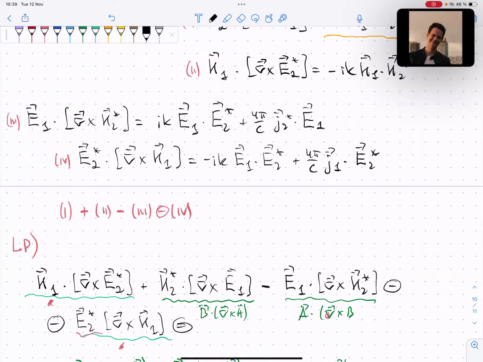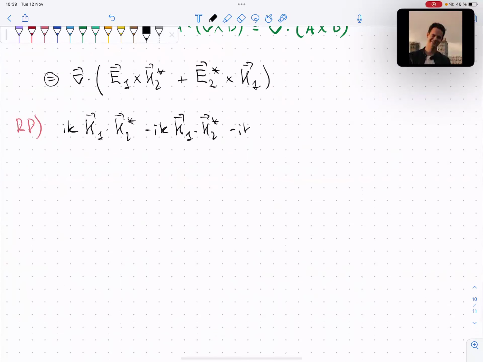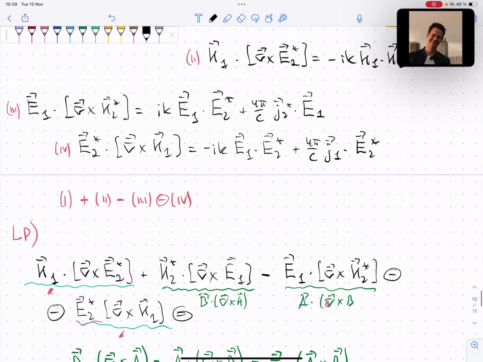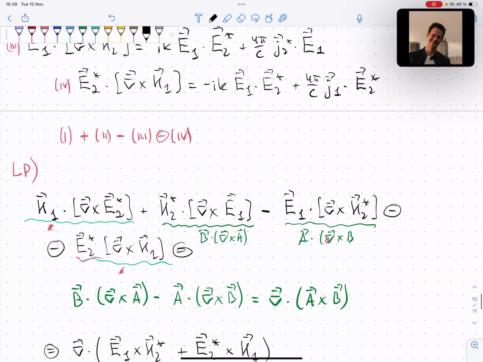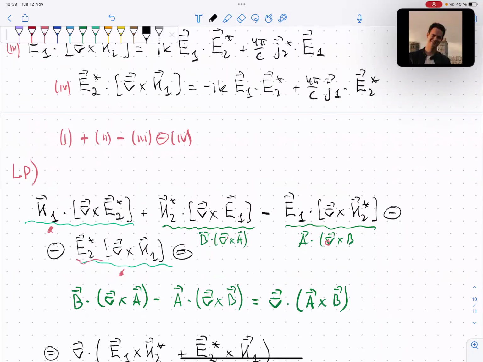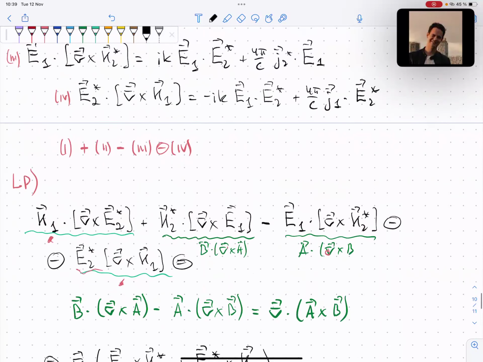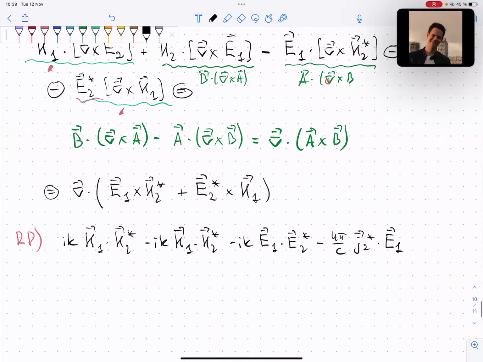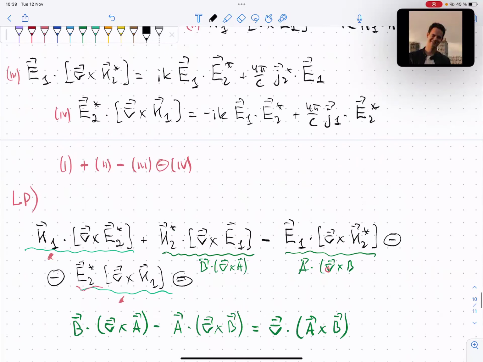minus IK E1 times E2 conjugated minus 4π over c J2 conjugated times E1, and then minus second equation.